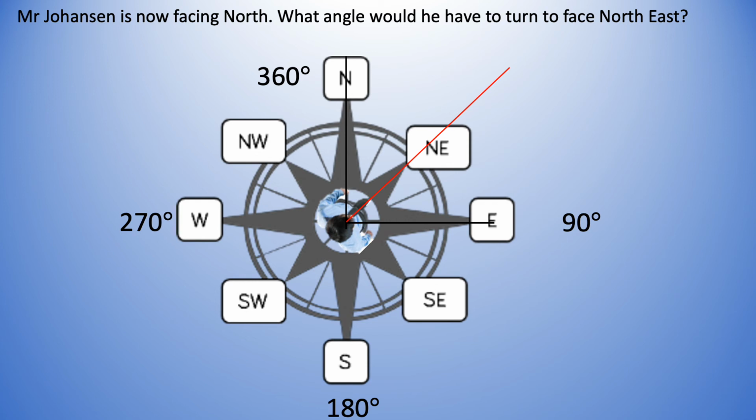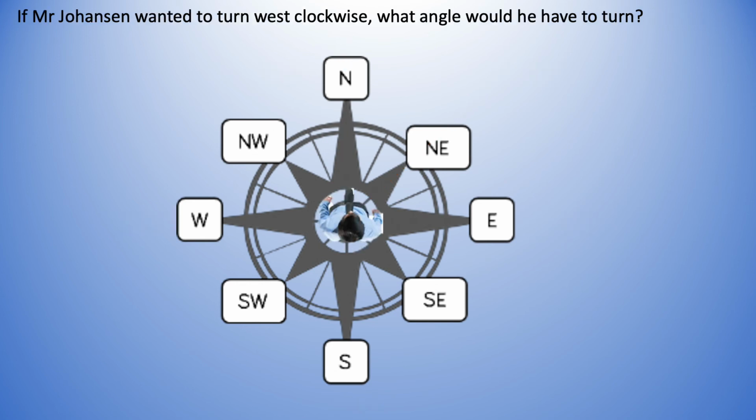No, northeast is actually directly in the middle of, in between north and east, okay? So what I'm going to have to do is find halfway between north and east. So half of 90 is 45, so northeast is 45 degrees. So Mr. Johansson would have to turn a 45-degree angle to face northeast.